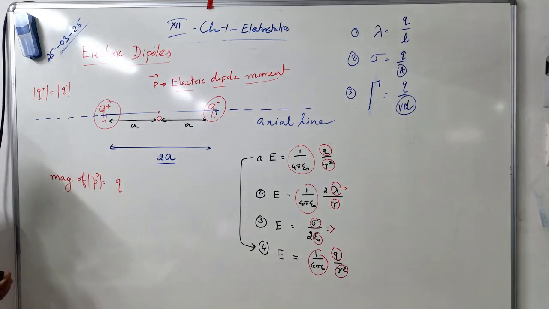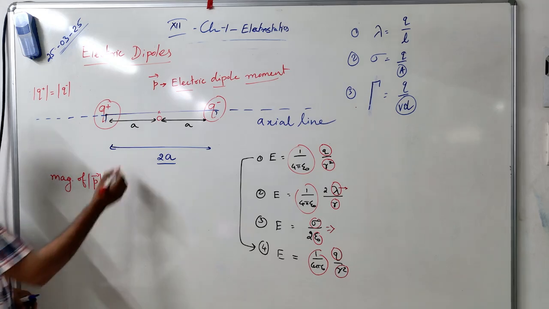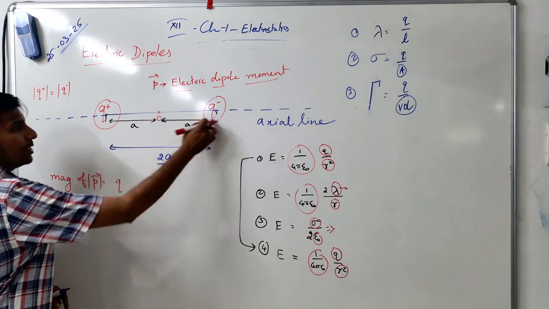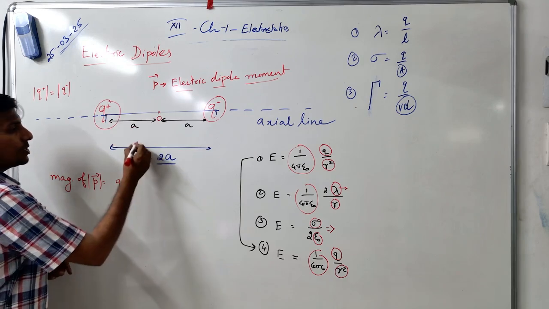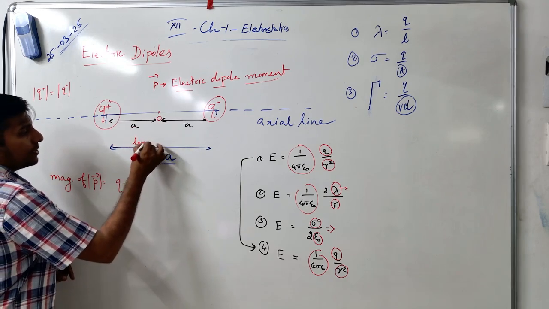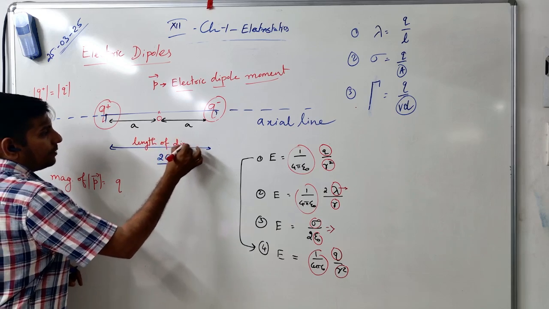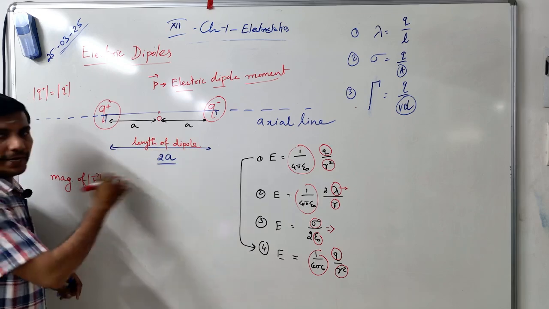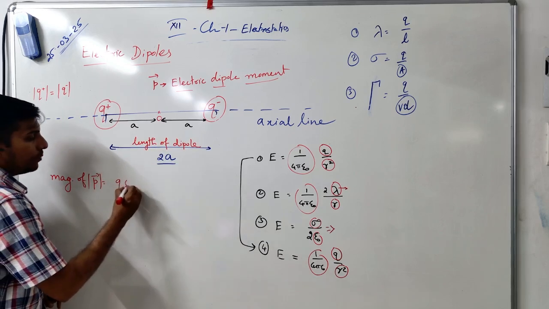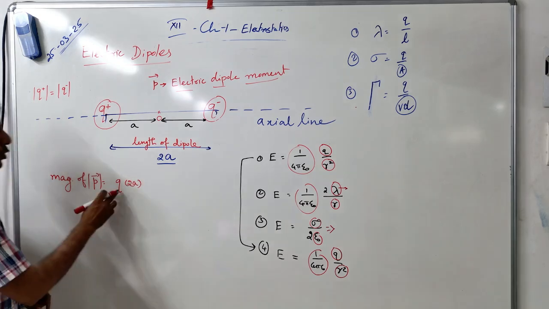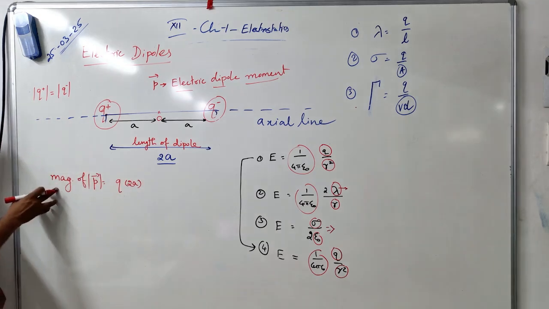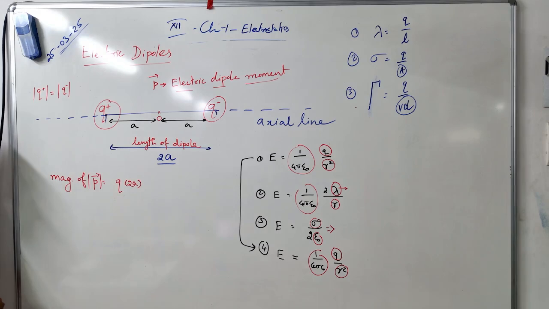The strength of the charges multiplied by the distance between them, that is called the length of the dipole. That is the 2a, right? Length of the dipole is 2 into a. So Q into 2a is called the magnitude of dipole moment.